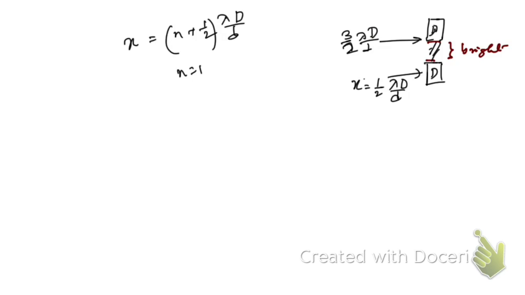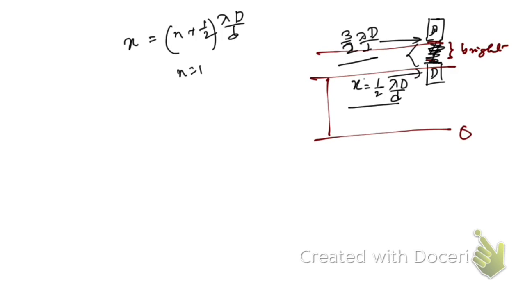If you subtract these two distances from O, if you take the difference between these two distances, then you will get the width of this bright fringe. Hope you have understood this.